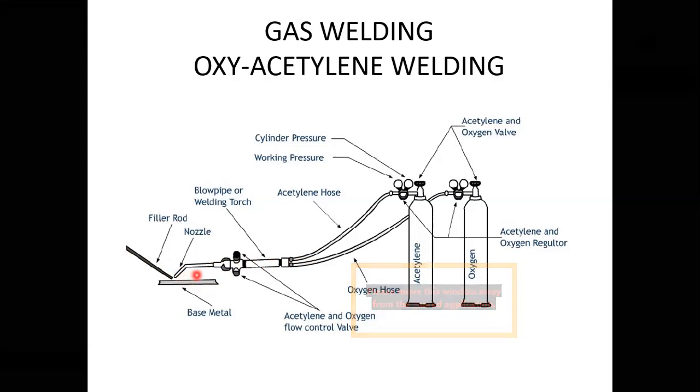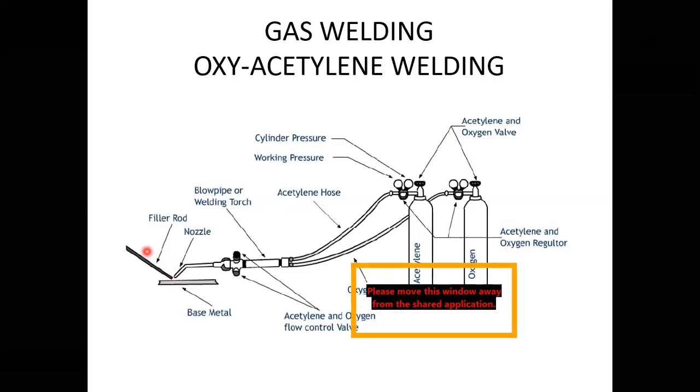When you move this, enormous heat is developed due to combustion of the mixture of acetylene and oxygen. That heat is sufficient to melt this filler metal, which is converted into molten metal. That is allowed to flow to the joint where you want.